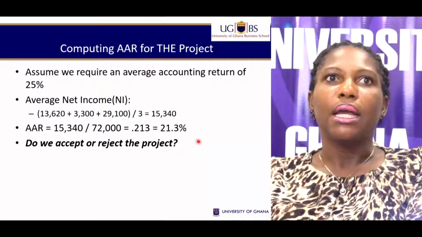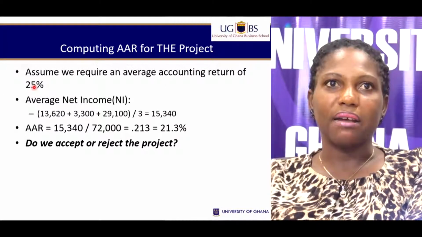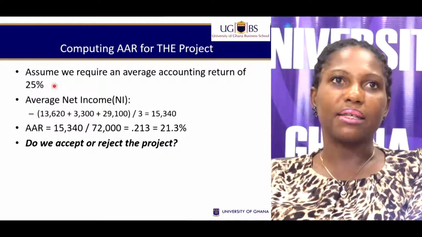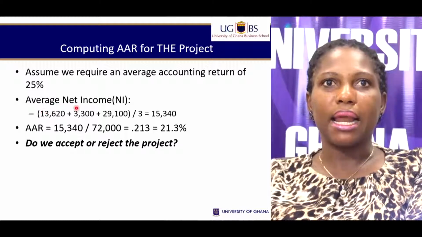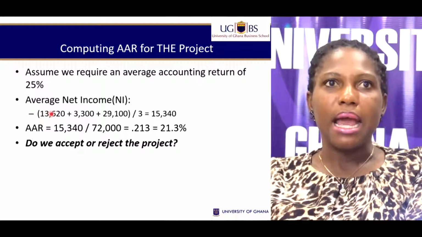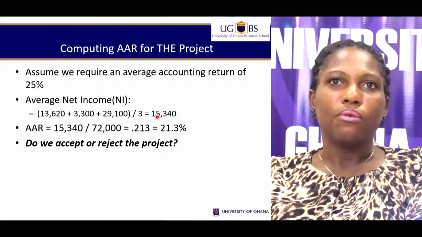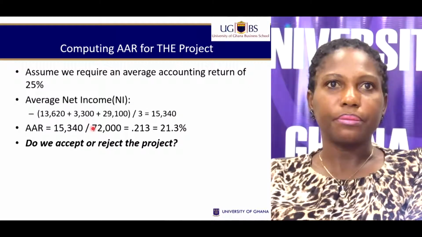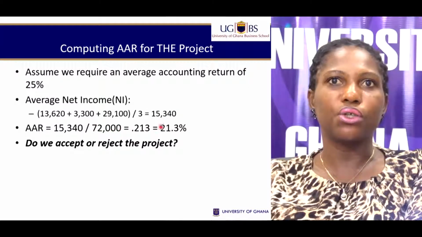Now let's assume that we require an average accounting rate of 25%. It means that in this example, we qualify. Now, here is another example where we have an average annual net income over a 3-year period of 15,340 and an average book value of investment of 72,000.